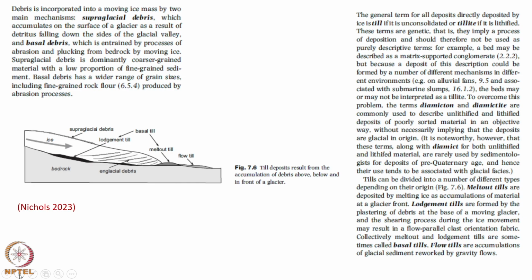Let us understand the different kinds of glacial deposits. Supraglacial debris. This accumulates on the surface of glacier as a result of detritus falling down from the side of a glacial valley. Consider this is a glacial valley through which glacier is flowing. Now, in the process of movement, the rock materials might fall in its path, and these are known as the supraglacial debris.